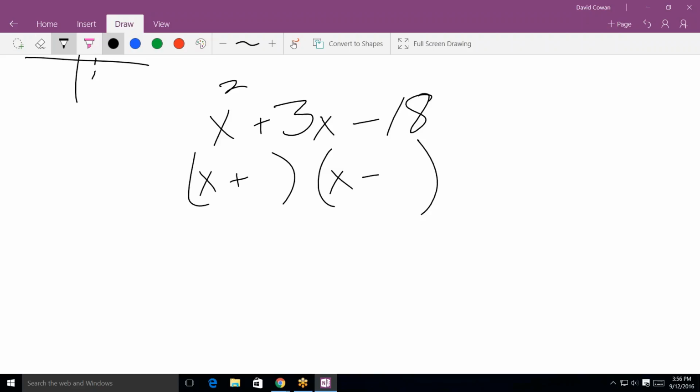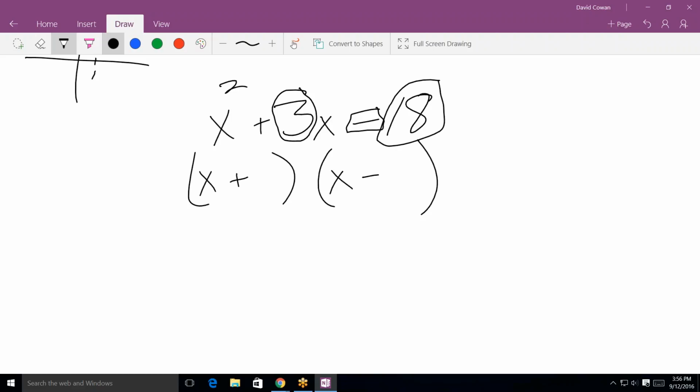And not minus 18 necessarily. We've already got the minus sign accounted for by our plus and minus. So I'm looking for factors of 18 that subtract, because of that, to the number 3. Always the third step. Unless this is a plus sign, and then you would be saying factors of 18 that add to the number 3.